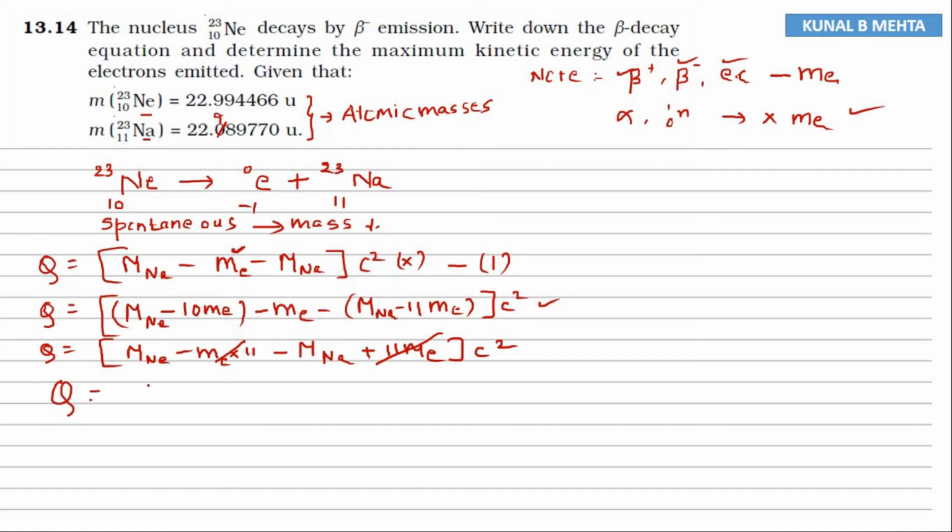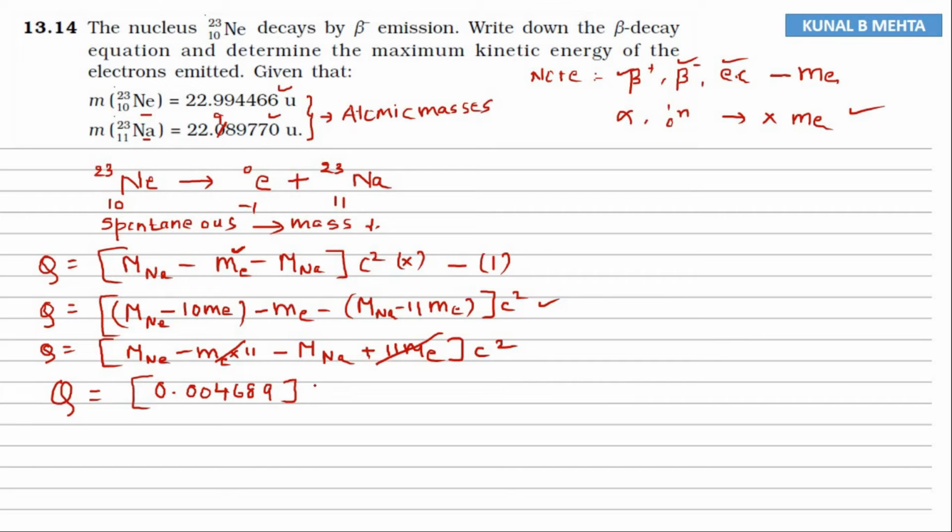So the Q value, now if I substitute these masses over here correctly, I am going to get my answer as 0.004689 times c square.